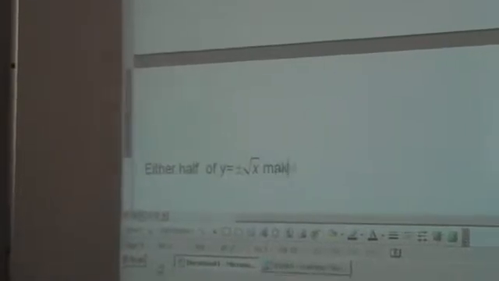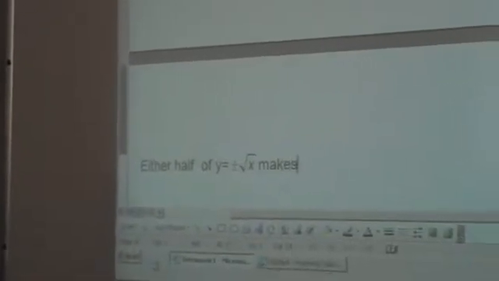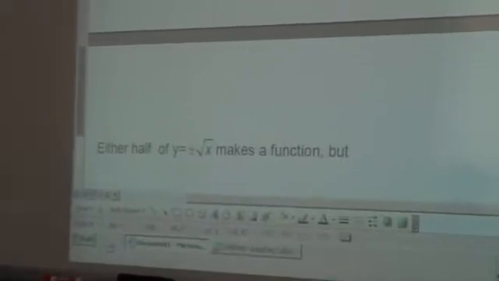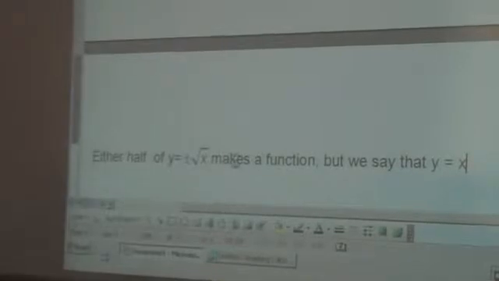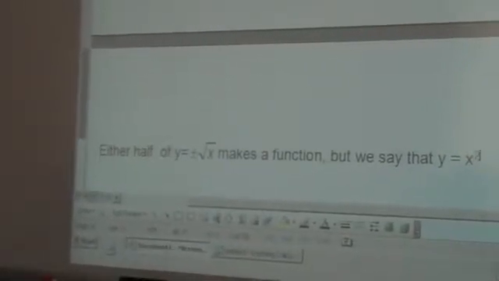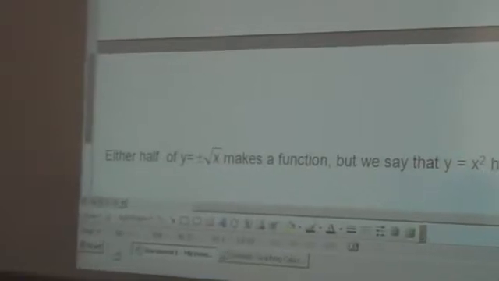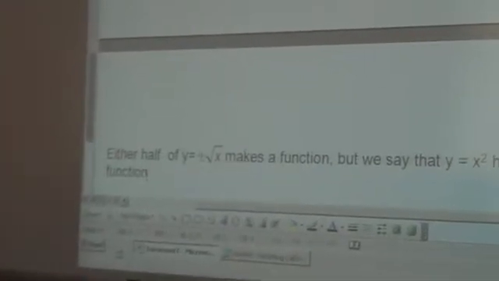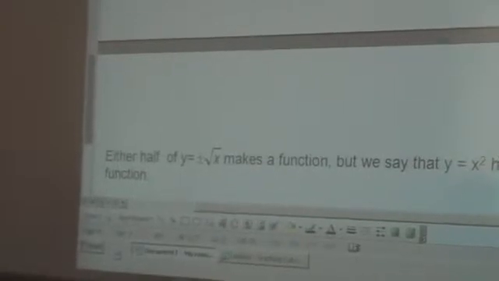Either half of plus or minus root x makes a function, but we say that y equals x squared has no inverse function.